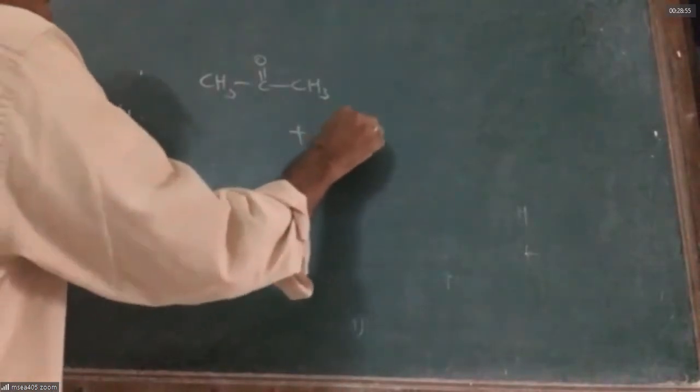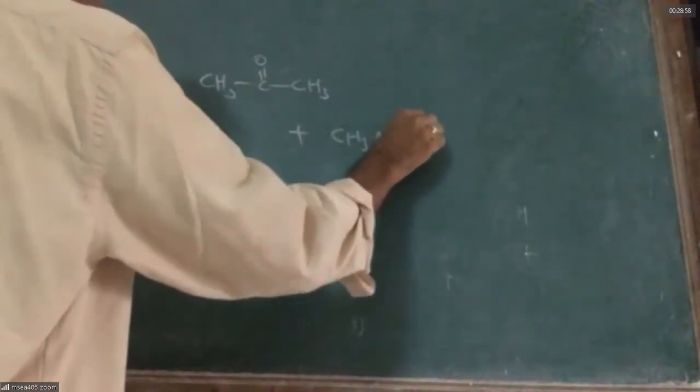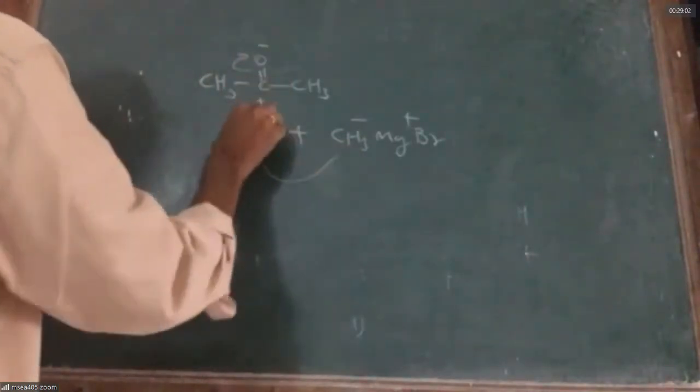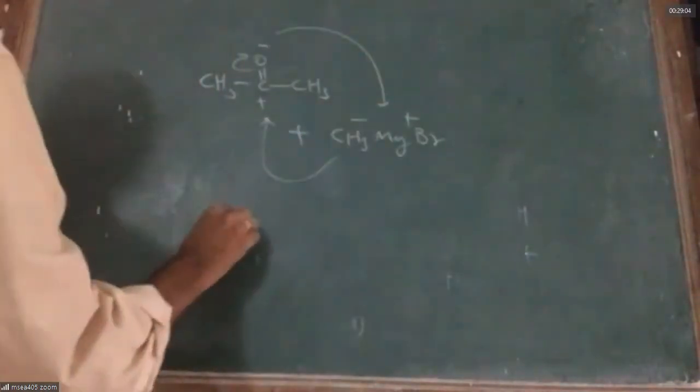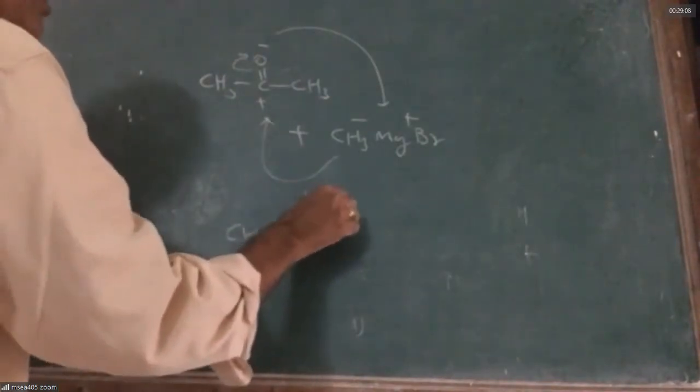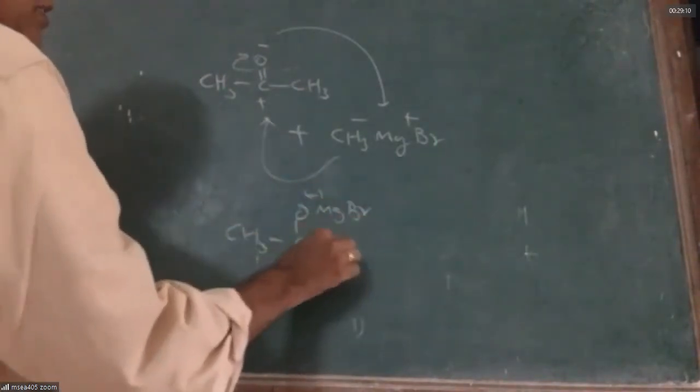Now suppose you want to prepare a tertiary alcohol. Start with any ketone. Simplest ketone is acetone, propanone. Take any Grignard reagent, for example, methyl magnesium bromide. At the end of the sigma, I am getting O minus combined with MgBr. The CH3 is intact.